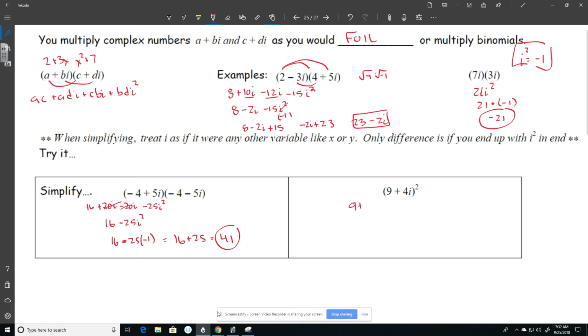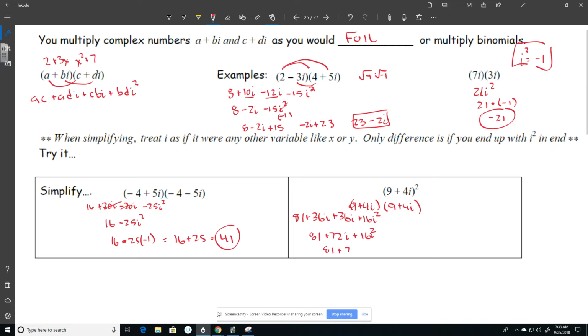On this one, 9 plus 4i times 9 plus 4i. 9 times 9 is 81. 9 times 4 is 36i. And then I have another 36i. And then 4 times 4 is 16. i times i is i squared. So 81 plus 72i plus 16i squared. But the i squared becomes -1.